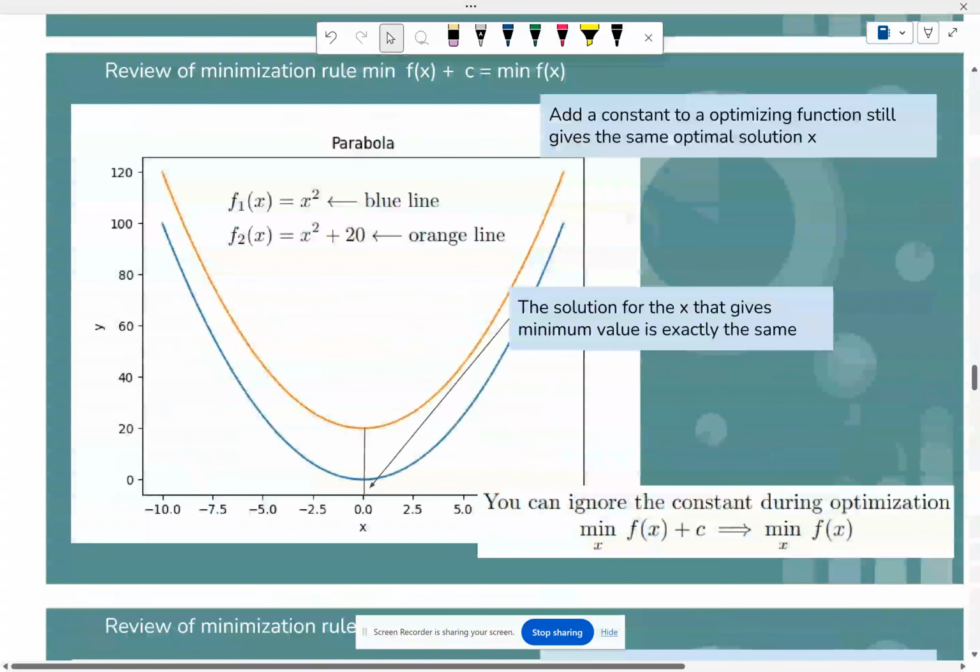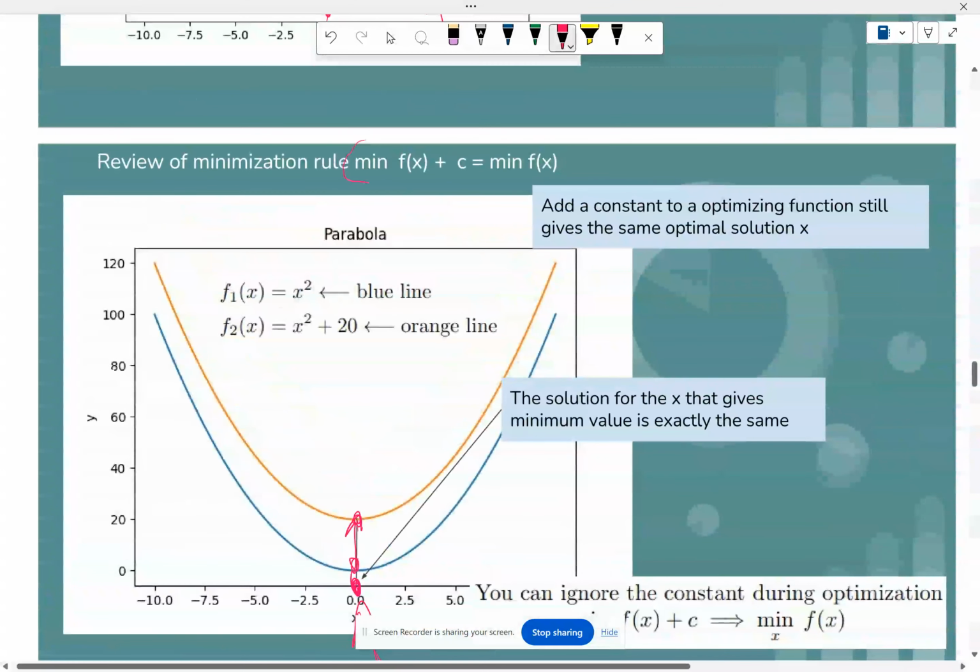Second, when you add some kind of constant, notice how when I move this up, the solution for the minimization is still the same. It's still the same location where you get the minimum. Therefore, for the minimization of a function plus some constant, you can just ignore that constant and minimize the function itself.